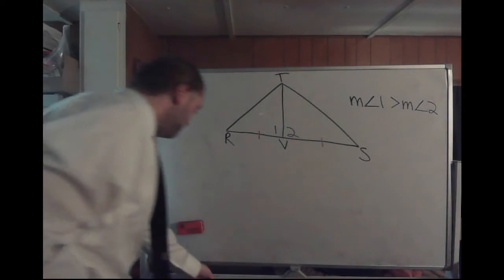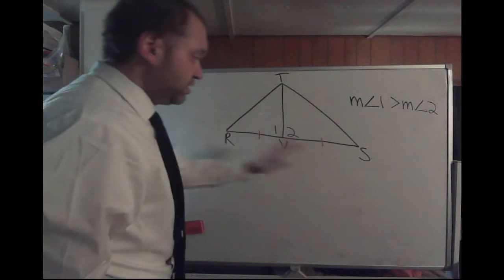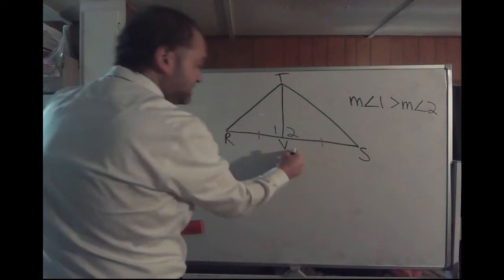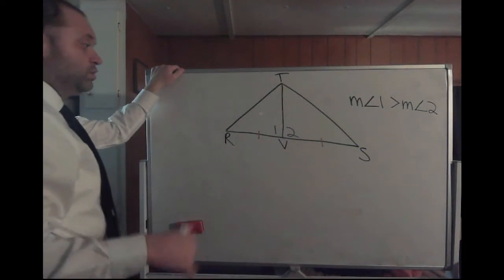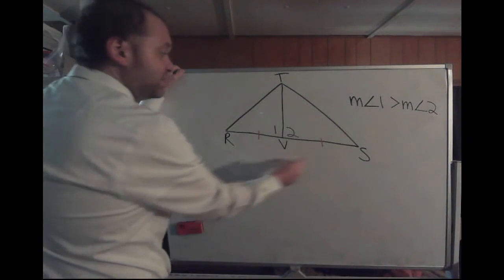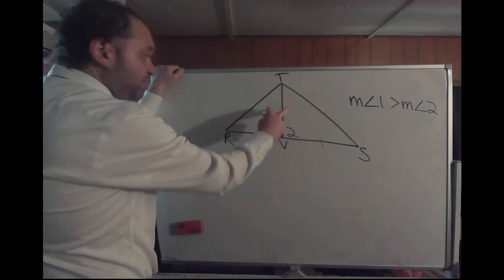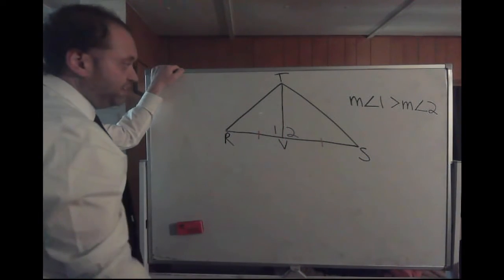Okay, so we have one triangle, TRS, split into two triangles, TRV and then TSV. Let's start with what we know. We know that side RV is congruent to side SV, and then obviously, since both of these triangles share side TV, TV is congruent to TV.